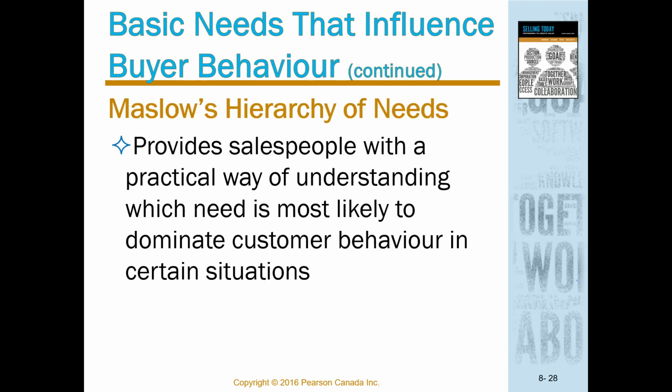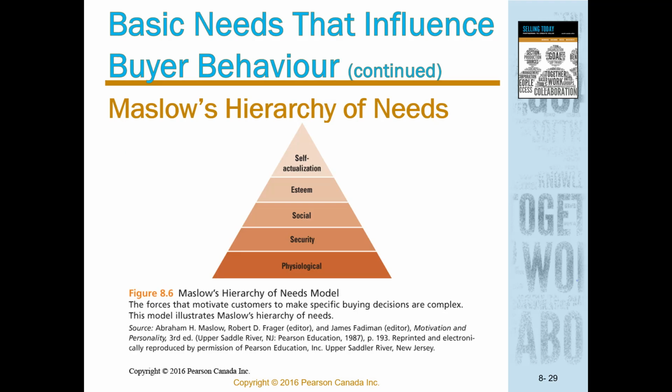And since the 40s, there's always been this Maslow hierarchy of needs. We know this a little bit now, provides salespeople with a practical way of understanding what are the needs. Certainly we have this pyramid, we understand it, and it's a good thing to know, because this is still good today. As much as there have been changes to this pyramid, it still lasts in a lot of companies.